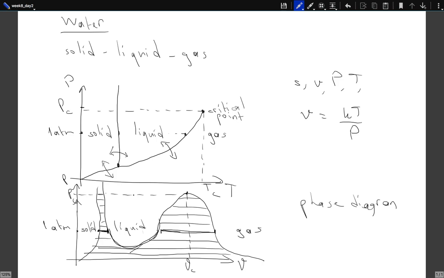And there's also a special point over here. That is called the tricritical point. That is TC, PC. In the PV diagram, it basically corresponds to this point.